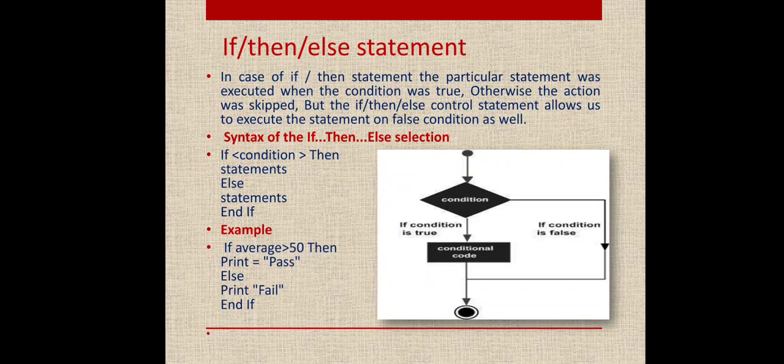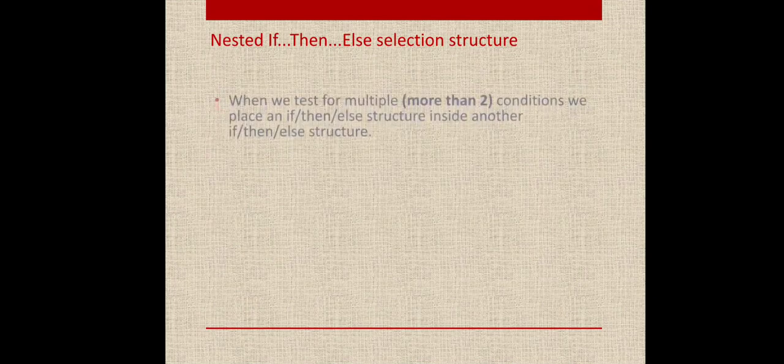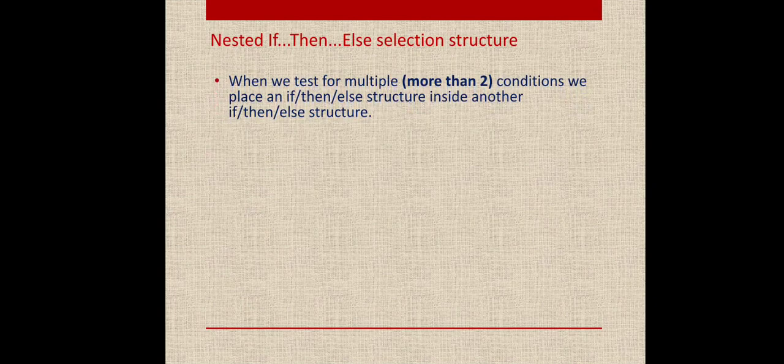Now moving to another statement, called the nesting if then else statement. Why do we need this type of statement? Because sometimes we need more than two or three decisions.